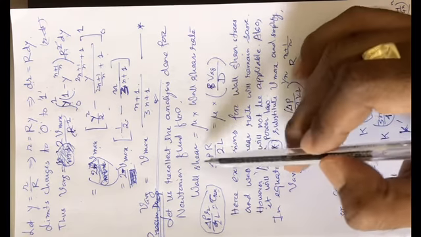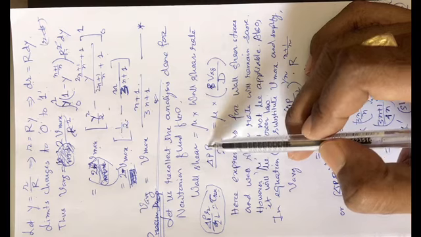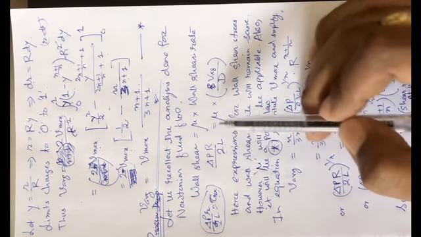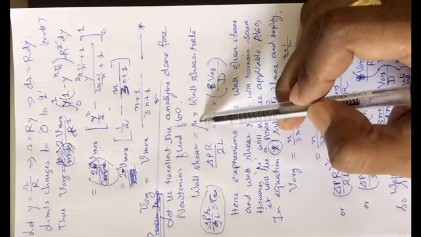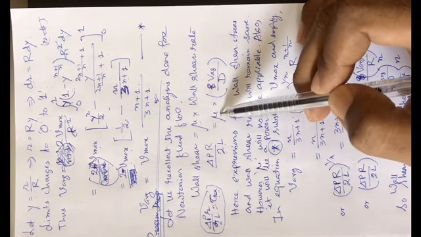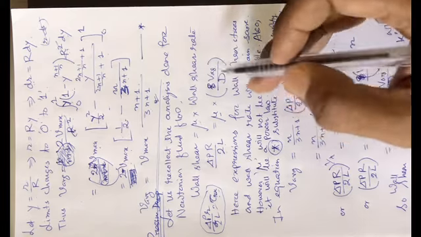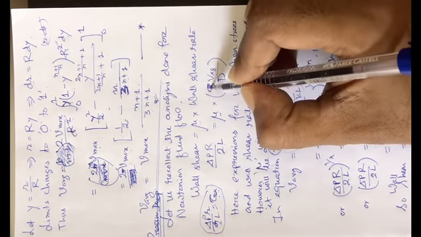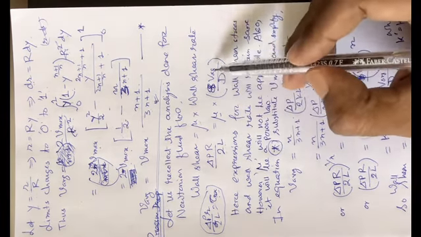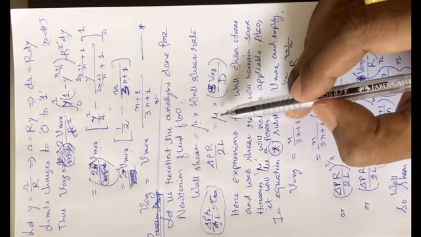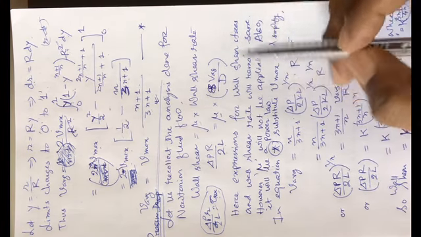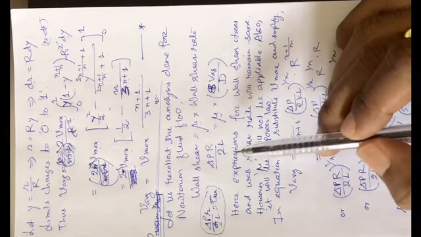Therefore, wall shear is equal to delta P into R divided by 2L. There we found that the wall shear rate is 8 times V average by D, and this is mu. Okay, so this is for Newtonian fluid.